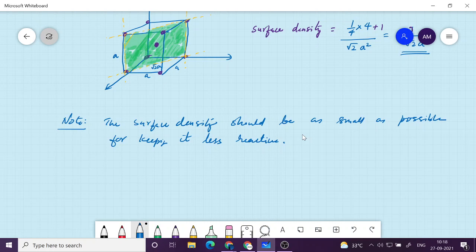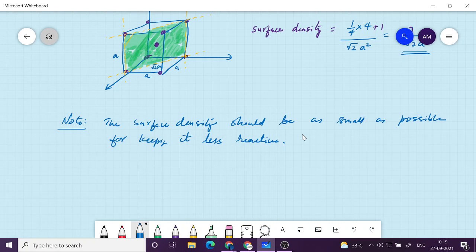In order to satisfy the required bonds, it will always try to react with any atoms which pass by. So to keep it less reactive, we need to take a surface having smaller surface density.